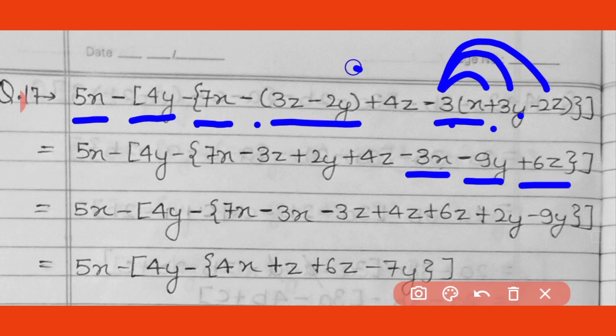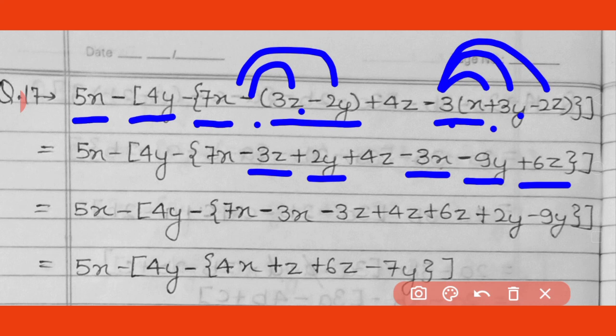And here this bracket will also open, so the outside minus sign is there, so it will multiply with each term and change each term's sign. So plus 3x changes into minus 3x, 3z will change into minus 3z, and minus 2y changes into plus 2y.